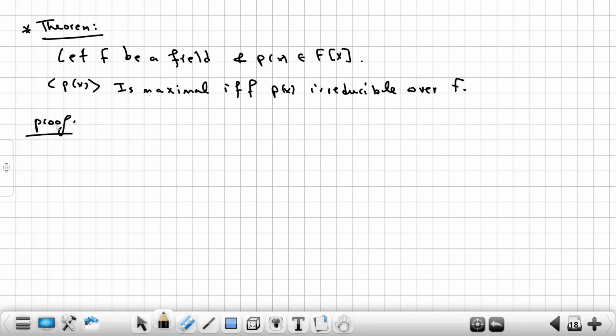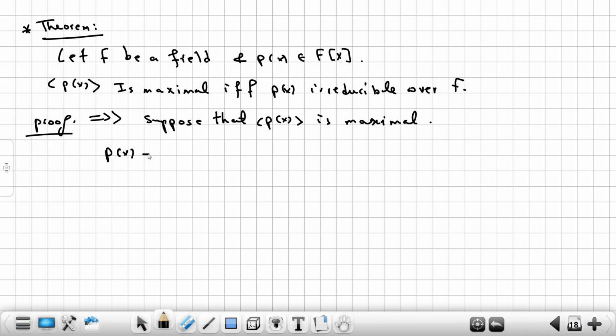So first, suppose that the ideal generated by p of x is maximal. We need to show that p of x is irreducible.